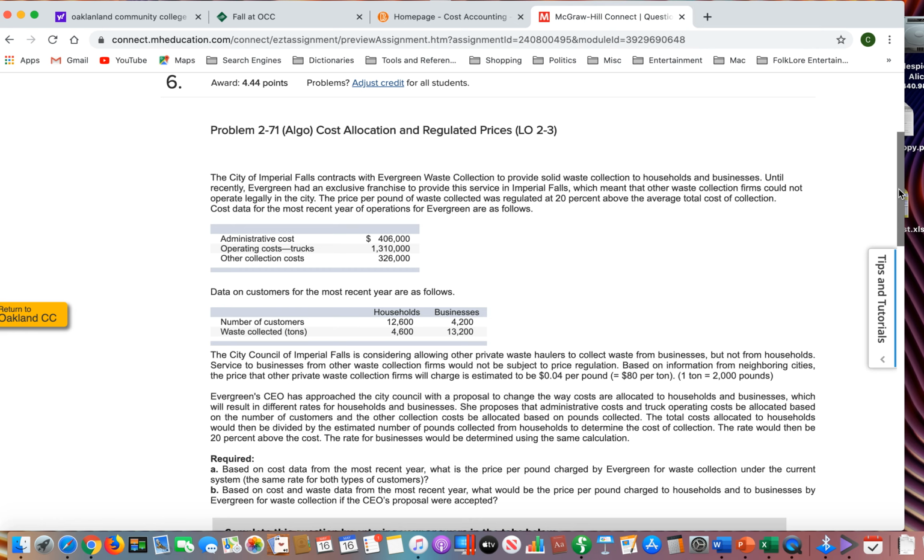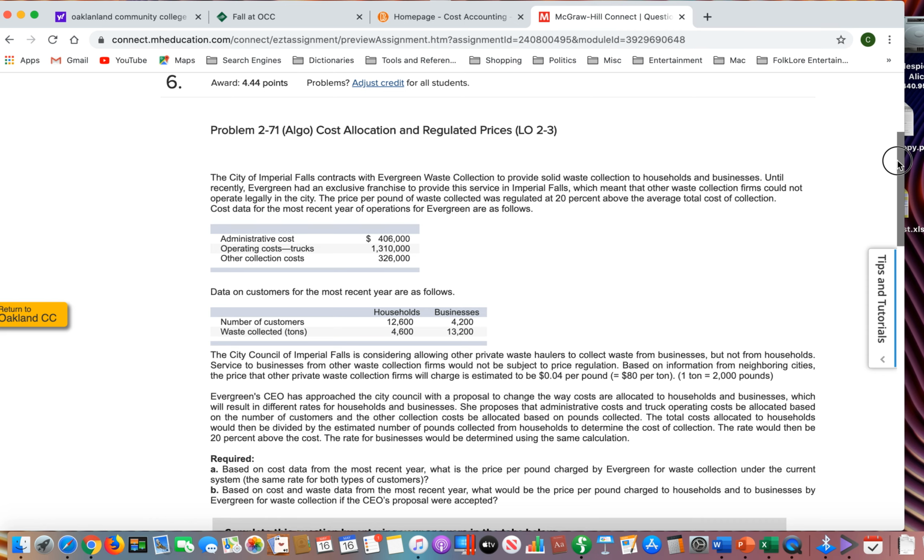Here we have a method of how this waste removal company charges by the pound based on all its cost up here. And this is a number of households and customers and business and how much waste they collect in tons.